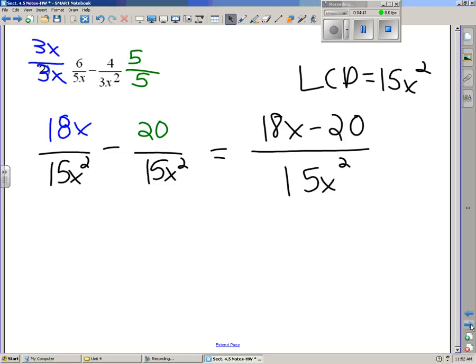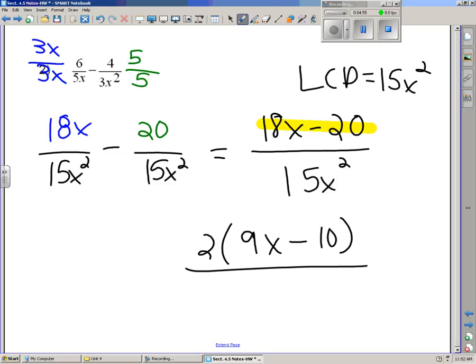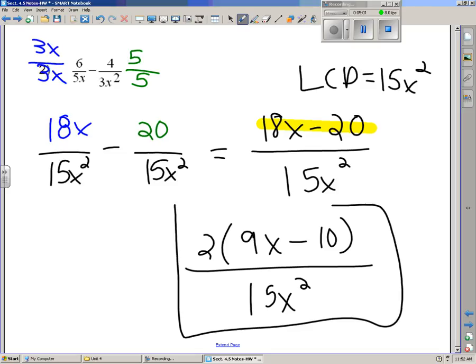As it turns out, this binomial up top does have a GCF. I can factor out a 2 and be left over with 9x minus 10 over 15x squared. And the monomials don't simplify any further, so that's your final answer.